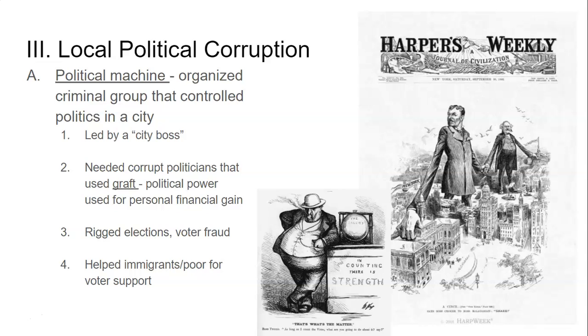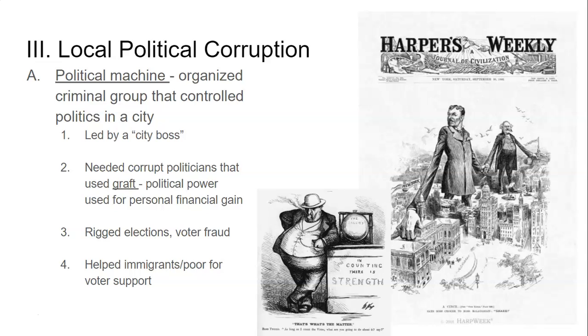They all played a part to kind of keep this machine benefiting the politicians and the criminals involved. But a lot of this required that there were corrupt politicians that would make laws and award government contracts to these corrupt political machine members in the city.